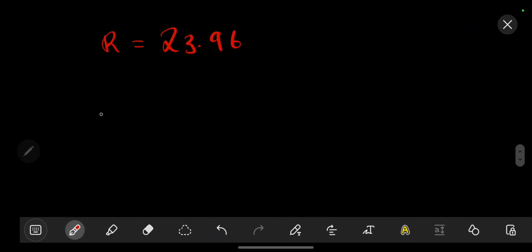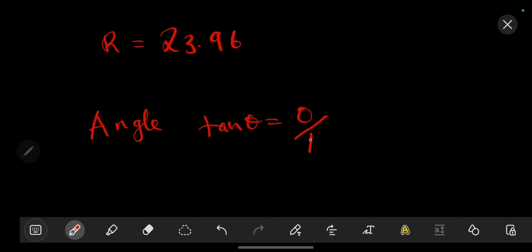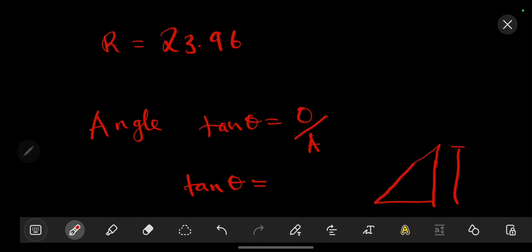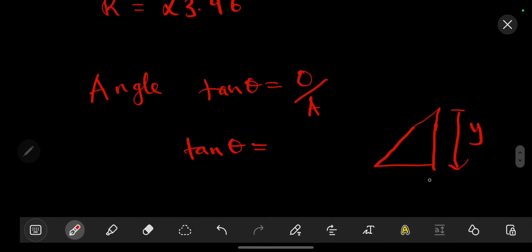So now how do you find the angle? The angle looks something like this. We are going to be using the tangent of theta, which should be equal to our opposite over our adjacent. This is according to the trigonometric ratio. In a right angled triangle like this, our tan of theta is associated with the opposite side, which we are going to name y.